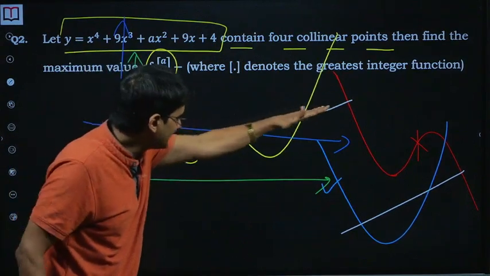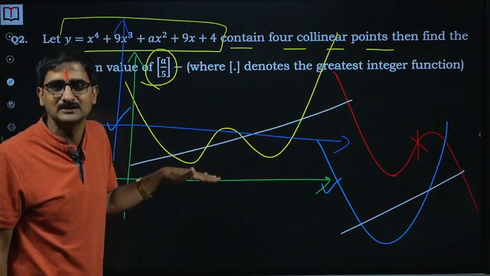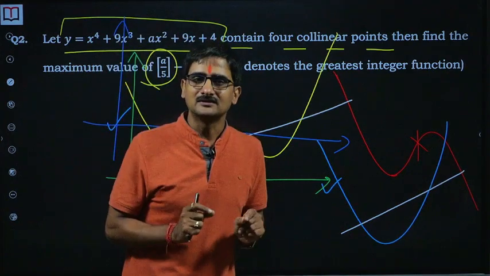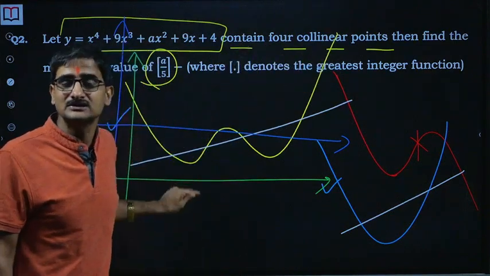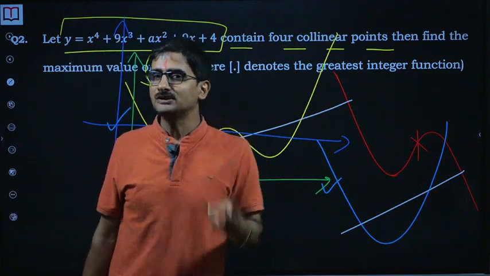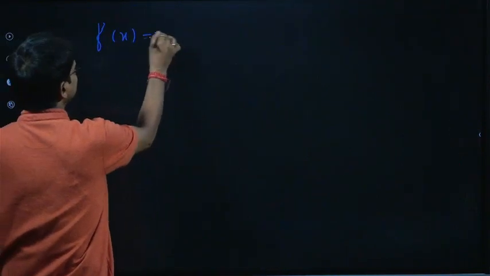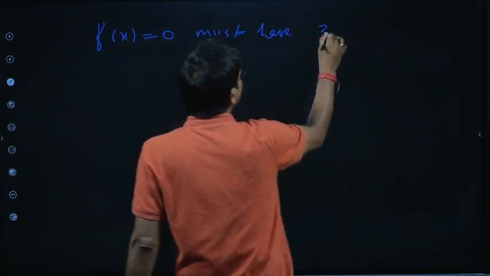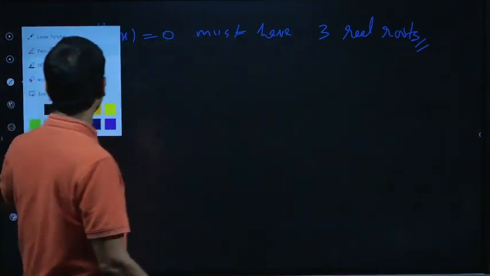So does this line, the white line, depend on my reference axis? The answer is no. The only thing this statement depends on is that this polynomial should have 3 turning points. So 3 turning points means f dash x equal to 0 must have 3 real roots, then only you have 3 turning points.